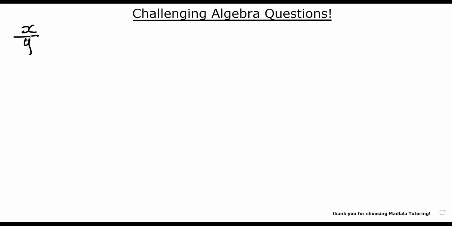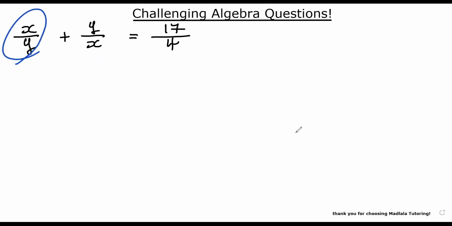We have x over y, which is added to y over x, and everything is set equal to 17 divided by 4. Now, this is what I want you to realize. If you look at the second term, it's actually the reciprocal of the first term.